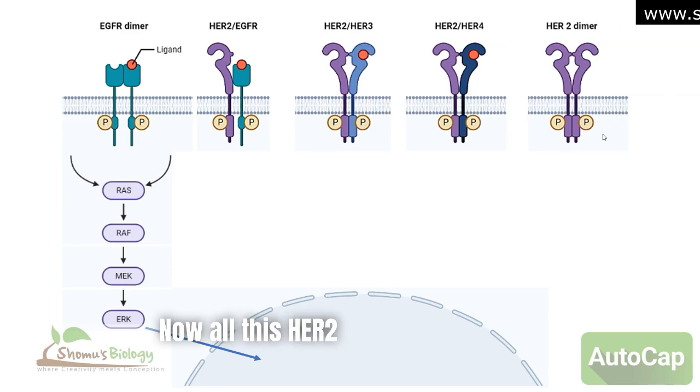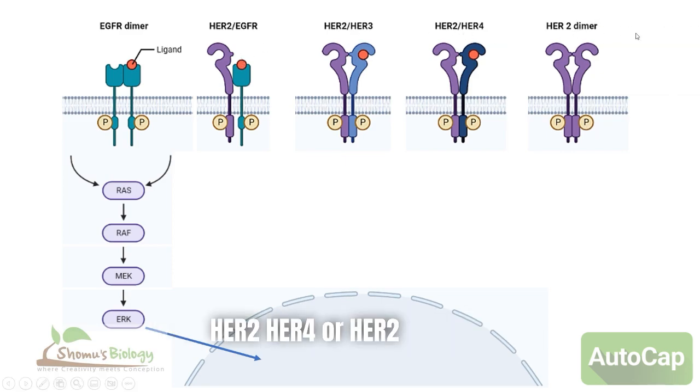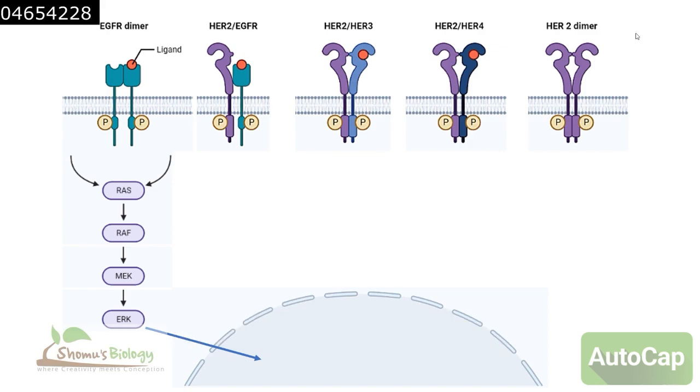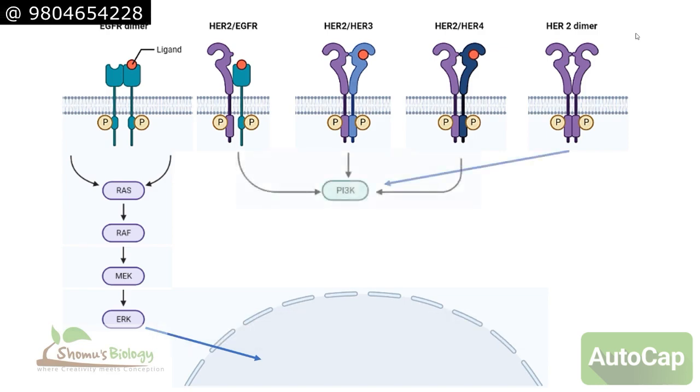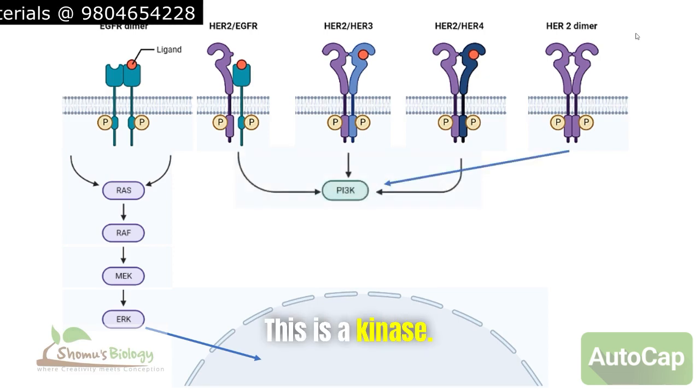Now all these HER2 EGFR, HER2 HER3, HER2 HER4 or HER2 dimers all signal through the activated cytosolic domain, which is phosphorylated, and it is going to activate PI3K. This is a kinase.